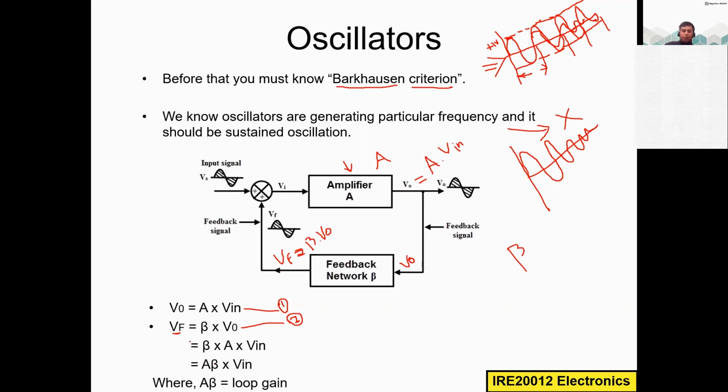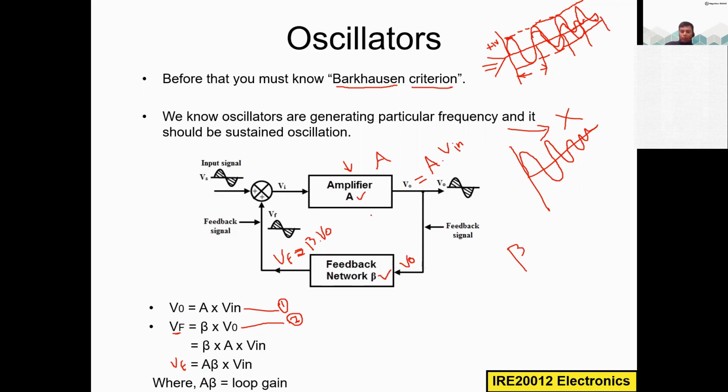This is the output of the feedback network VF. Remember, we have two gains and we are multiplying them: the gain of the amplifier and the gain of the feedback network. So A beta times V in is what we get here. This A beta is called loop gain.